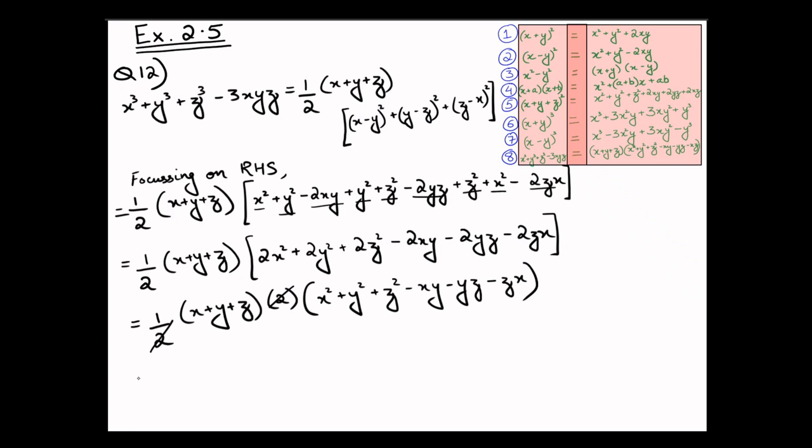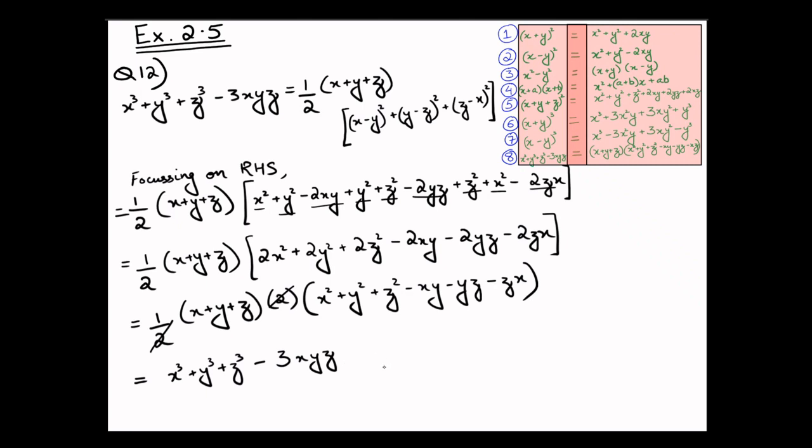And therefore, when we represent this identity in the form of its left hand side, I get x cube plus y cube plus z cube minus 3 into x into y into z.